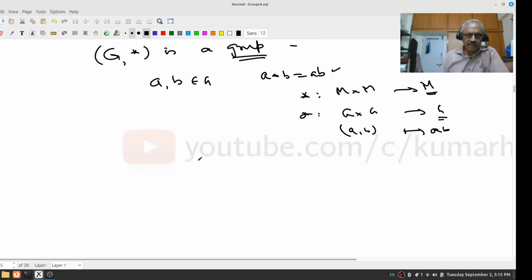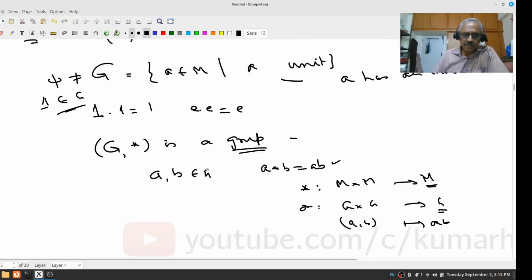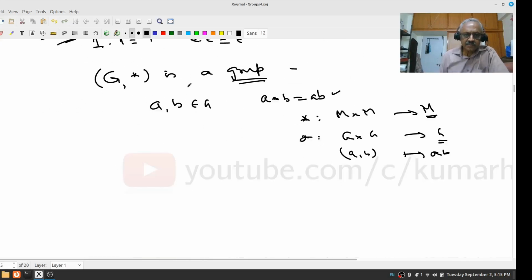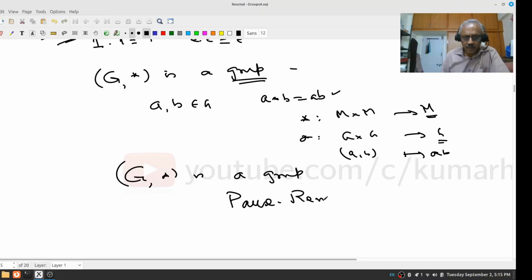Right. And why is it associative? Because the star operation is already associative in the monoid. The identity exists and the inverse also exists. Therefore G with star is a group. Understand this, go slow, pause, review, proceed.